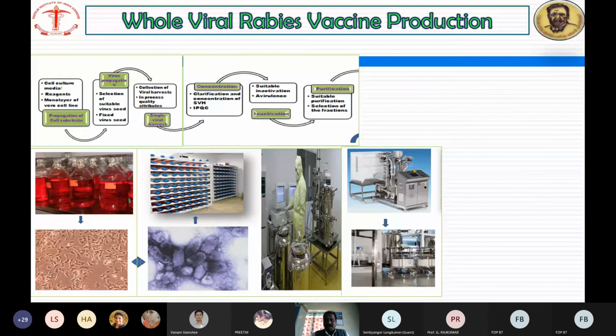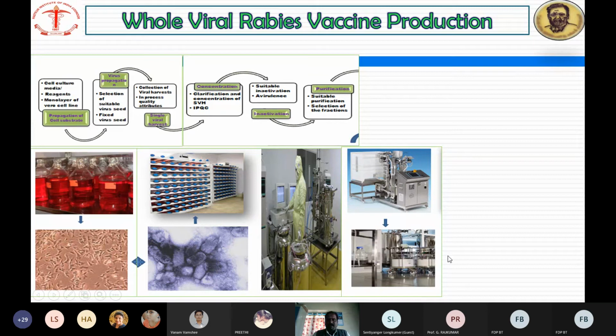Then it goes for purification by concentration using the TFF system, tangential flow filtration, by ultrafiltration using a polyvinylidene difluoride membrane with a nominal molecular weight cutoff of 100 kilodalton. From 200 liters of viral harvest you finally get only 5 liters of material. That 5 liter material goes for inactivation, then purification by affinity chromatography.